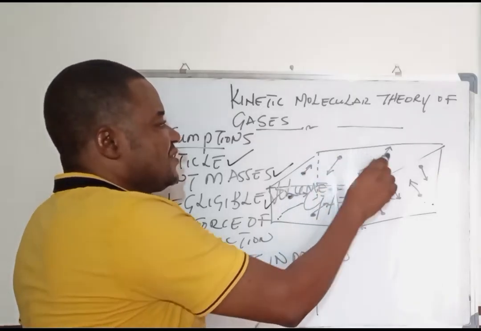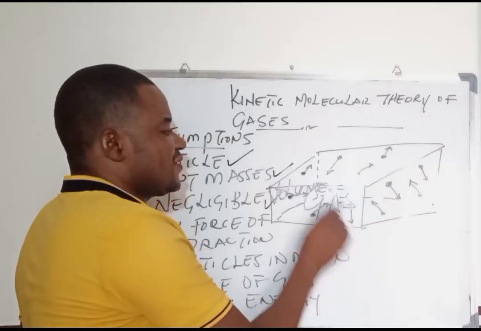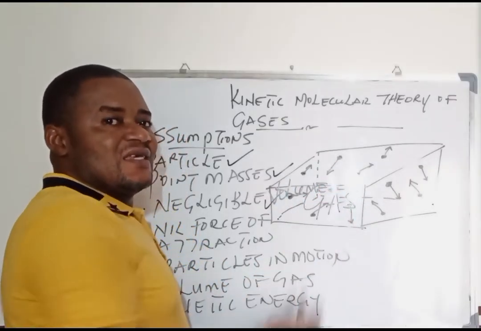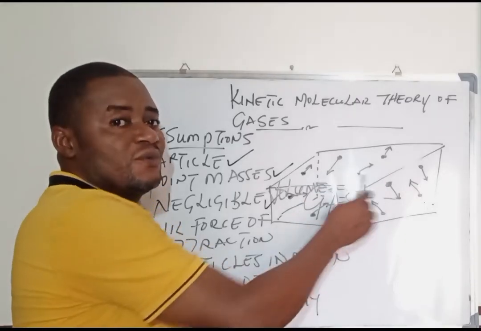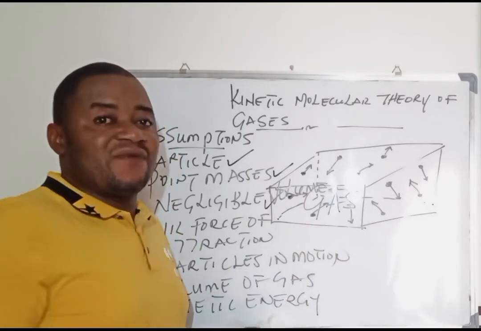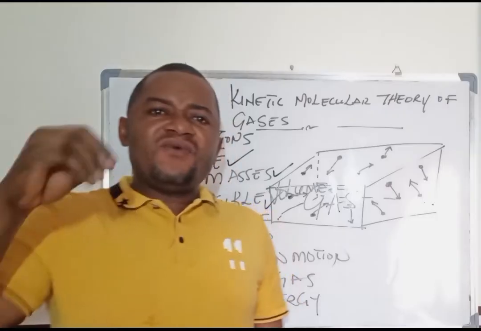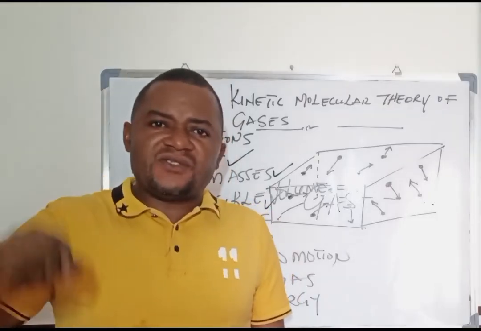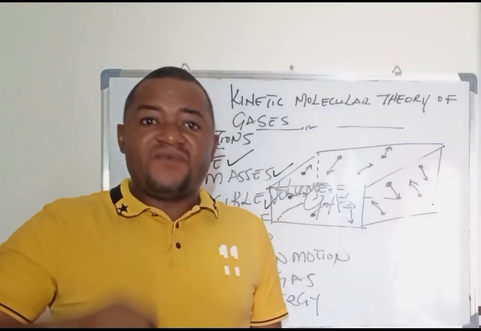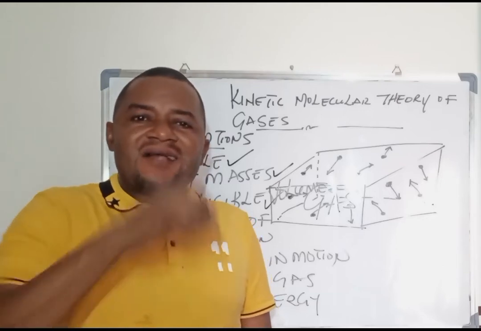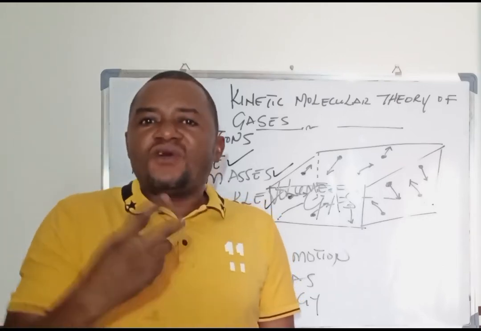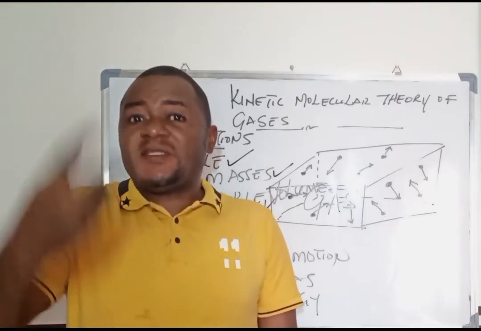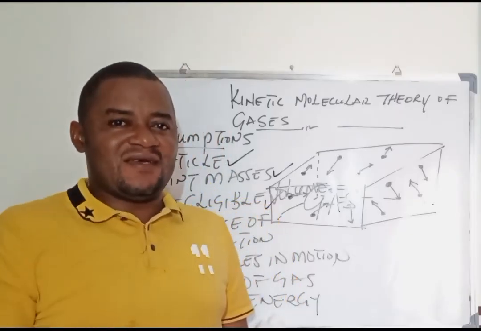The volume which these individual particles, these points of gases, possess inside there is much smaller than the entire volume. So if you take a container and fill gas inside, the various particles that form the gas in that container are just at particular points where their volume cannot be compared to the empty space you find in that container.